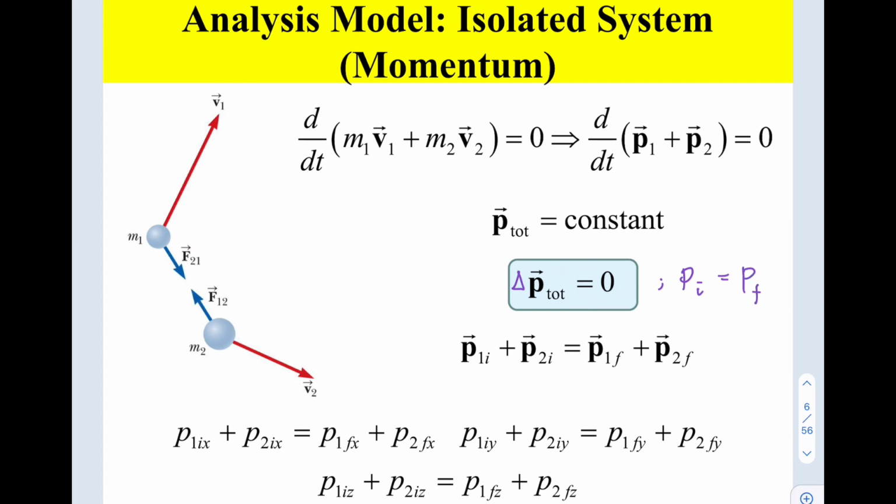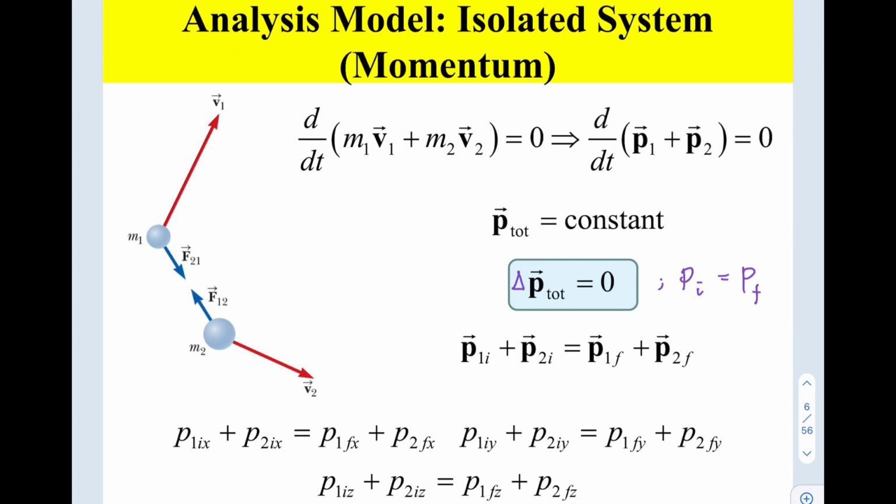With regard to this system, our P initial consists of 2 terms because we have 2 masses. So momentum for particle 1 initial, plus momentum for particle 2 initial, must equal momentum for particle 1 final plus momentum for particle 2 final.